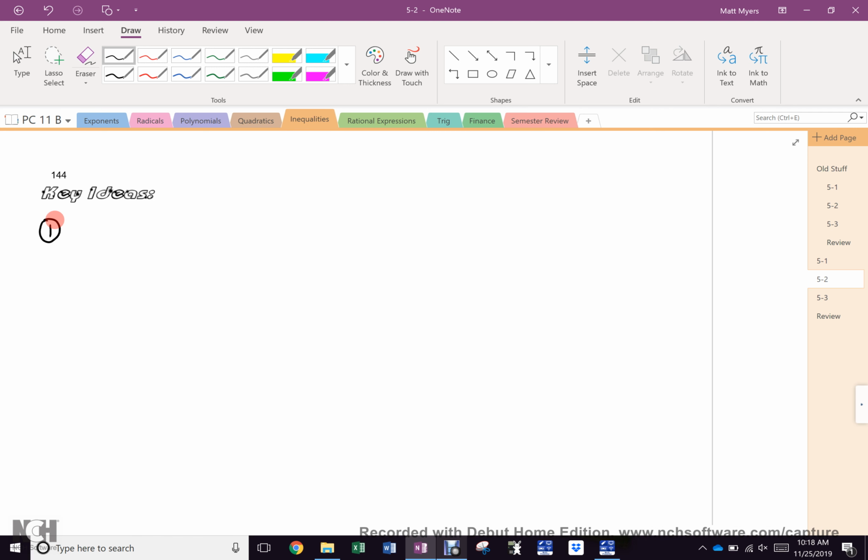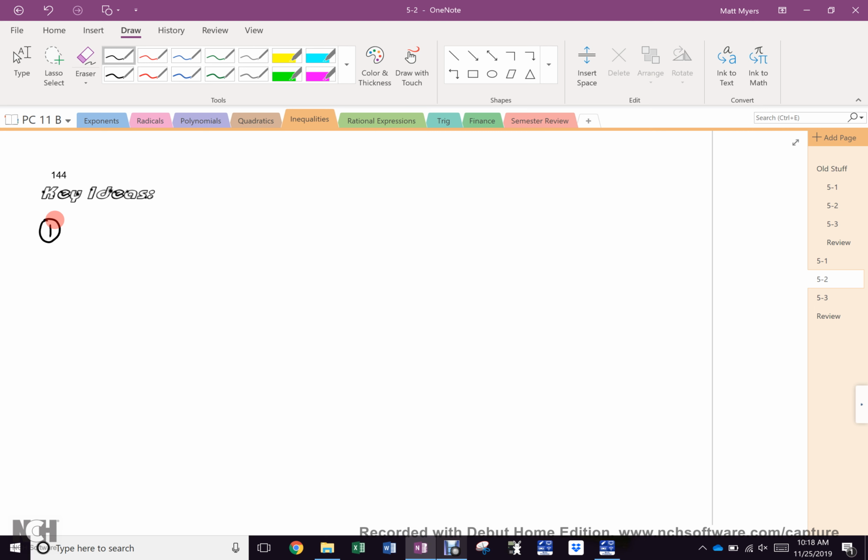What is the same with quadratics that was the same with linear inequalities? Where do the solutions lie? In this case, because it's one variable, on the x-axis, right? And if it was a one-variable linear inequality, it's on the x-axis, right?